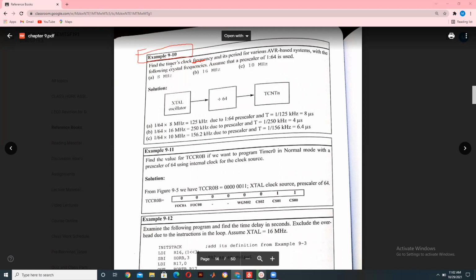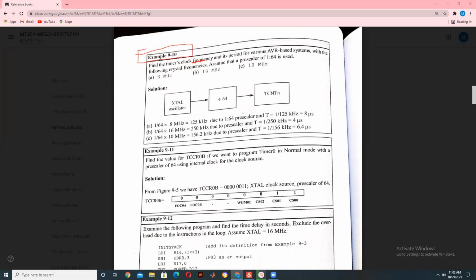With the following crystal frequencies, assume a prescaler ratio of 64 is used: 8 megahertz, 10 megahertz, 16 megahertz. We will do 1 divided by 64 multiplied by 8 megahertz, which is equal to 125 kilohertz. Now we get this frequency, and 1 divided by 125 kilohertz gives us microseconds.